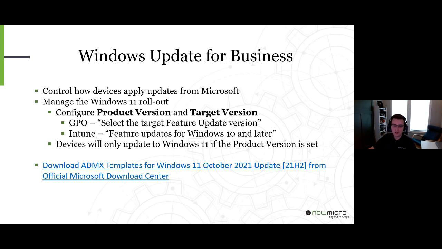You'd configure the select the target feature update version setting, or through Intune by creating a feature update policy on the feature updates for Windows 10 and later page. If the setting does not show up in group policy, make sure the ADMX templates have been updated. And I've got a link to the latest Windows 11 group policy templates at the bottom of the slide.